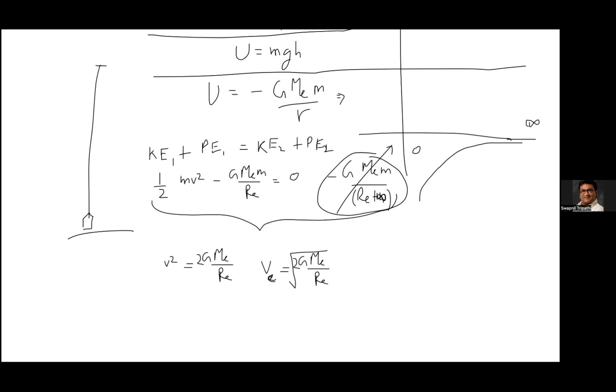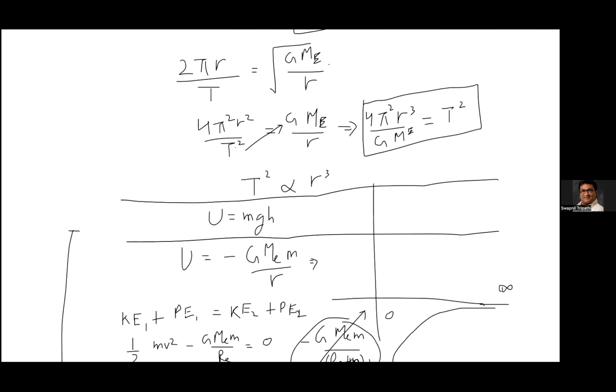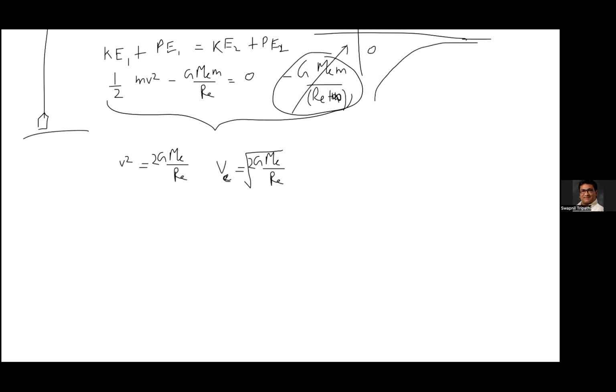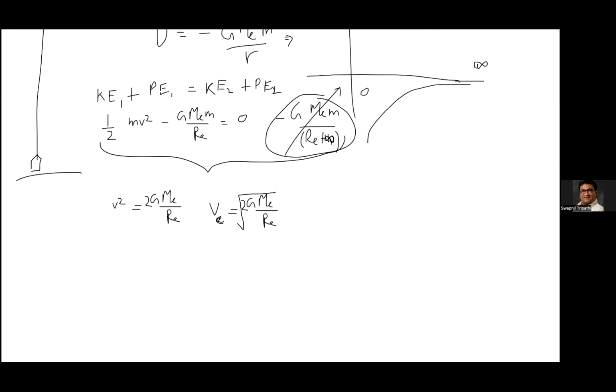It is interesting to note the similarity between the expression for orbital velocity and the escape velocity. The orbital velocity is square root of GMe over r, and the escape velocity is square root of 2GMe over Re.